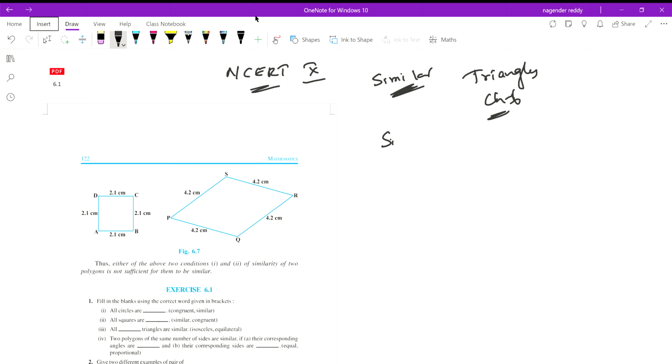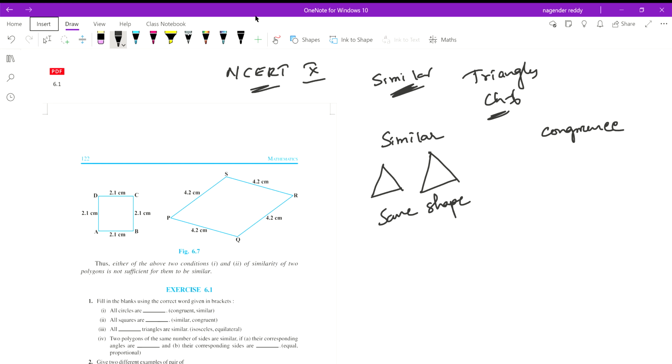What is similar? We generally have two words in triangles: similar and congruent. Two triangles are said to be similar if they are the same in shape, only shape.